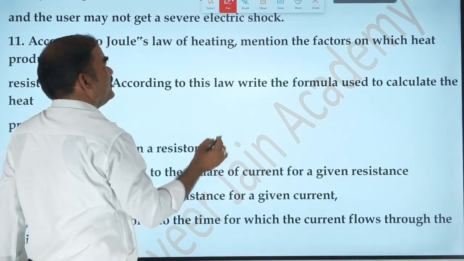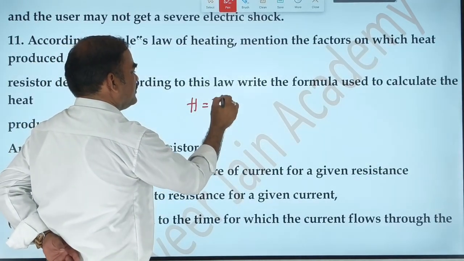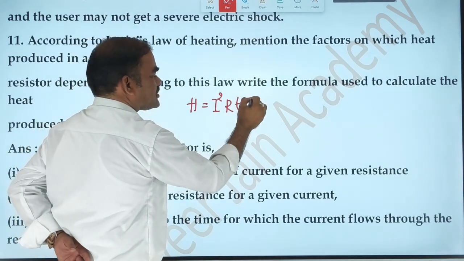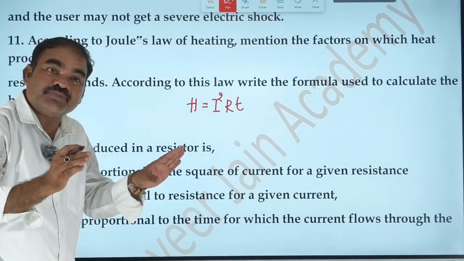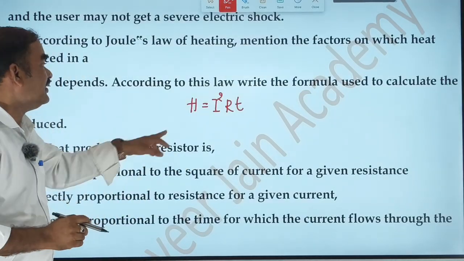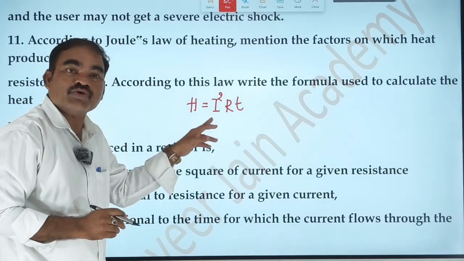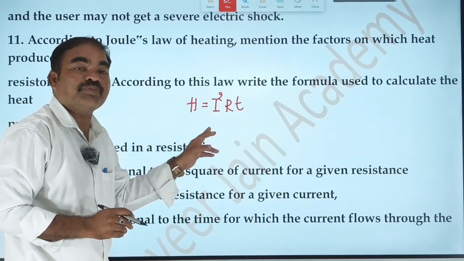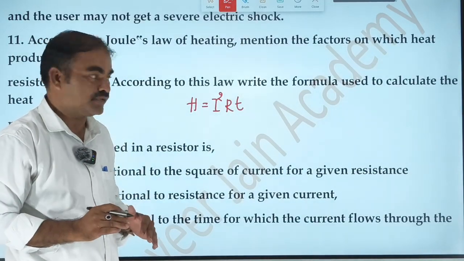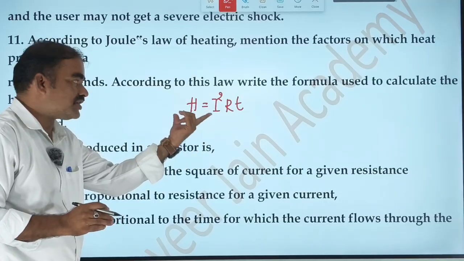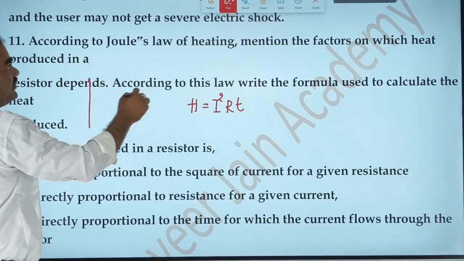This one we can easily remember: H equals I square R T. According to Joule's law, heat produced in an electric conductor is directly proportional to the square of the current, directly proportional to its resistance, and directly proportional to time. If more time, more heat will be there. So this is the equation which we are going to use to calculate heat in Joule's law of heating.